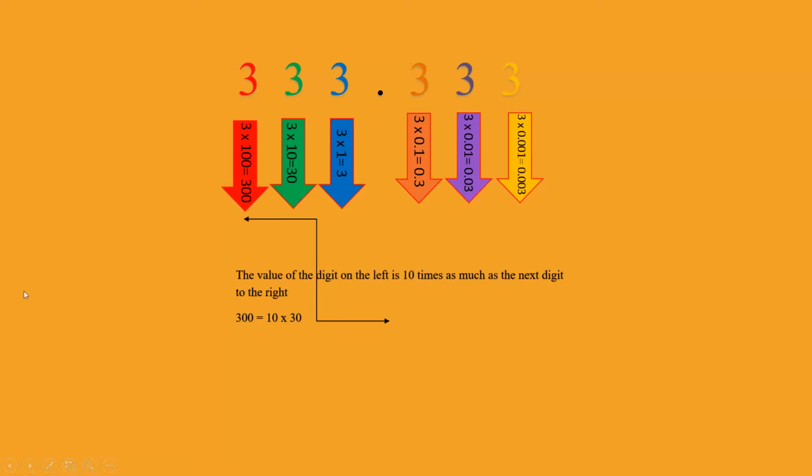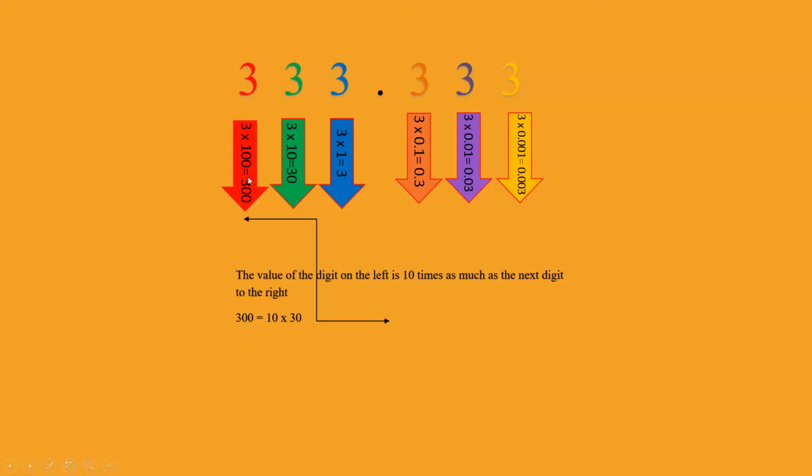Like this, 300 equals 10 times what? 10 times as much as the next, which is 30. And 30 equals 10 times as much as 3. Okay, did you get it?